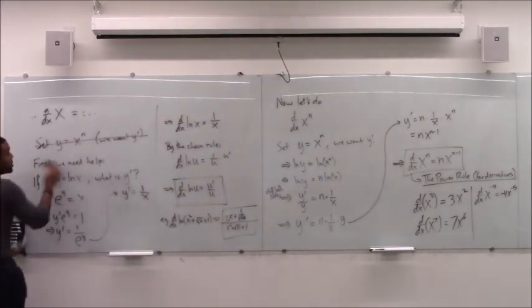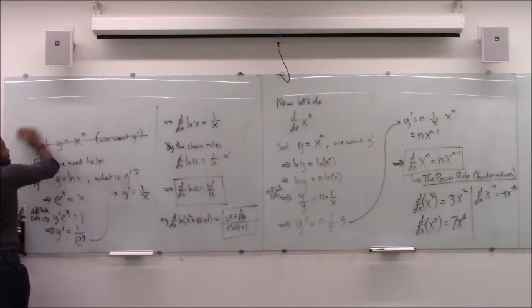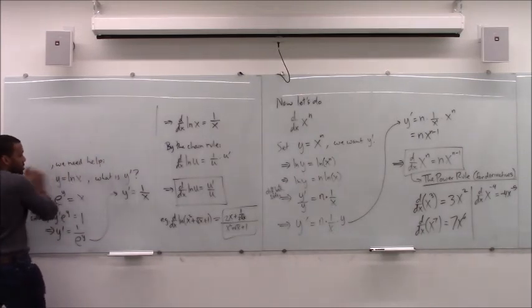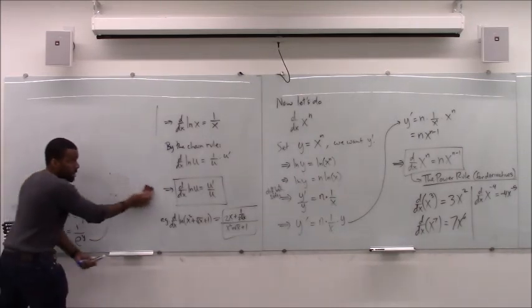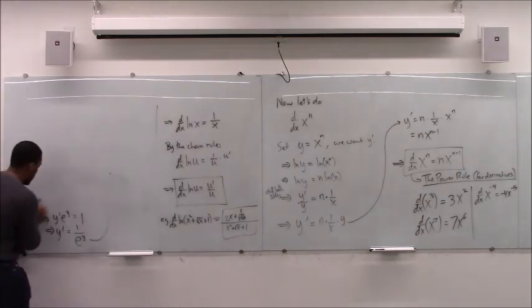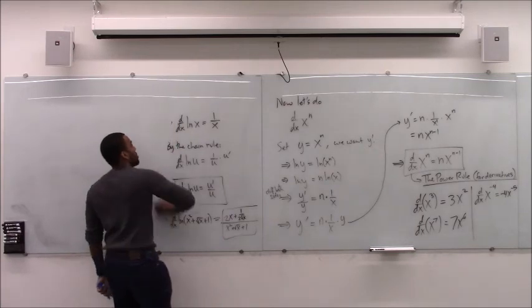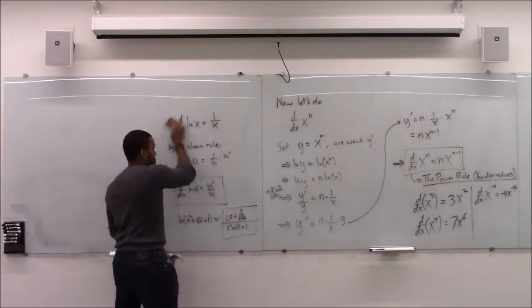If you were to do the limit definition of f of x plus h and expand everything and do all that stuff and plug in h equals 0, you would get n x to the n minus 1 whenever you start with x to the n. And we use logarithms to figure that out.